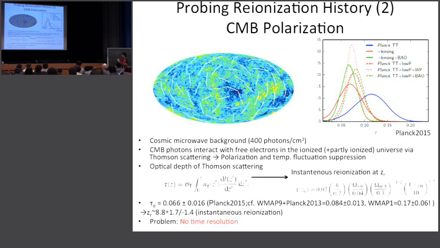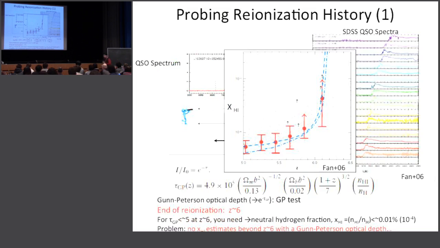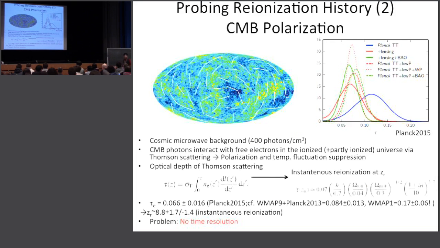So the next technique is to use the CMB. CMB is another great background light, and it can identify the ionized medium or free electrons between the CMB and us.